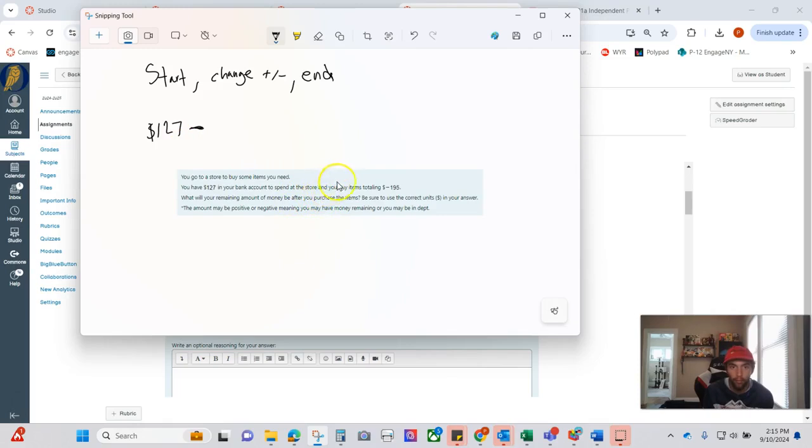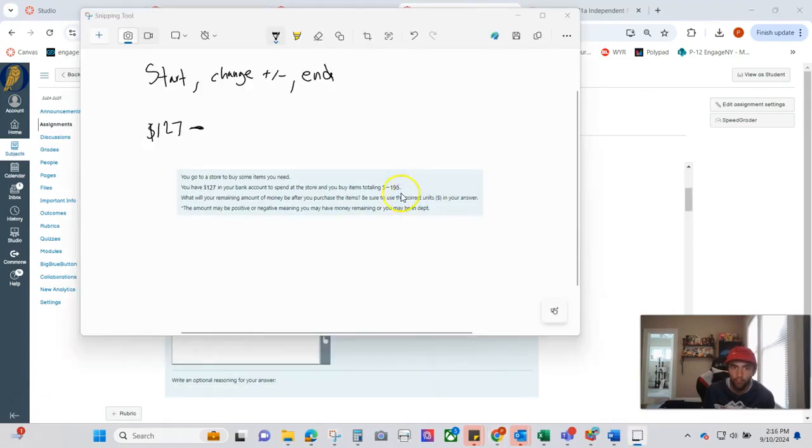And our ending number is, so that's how much we spent. Yep, this is how much we spent. So we started with $127, and then we spent $195.